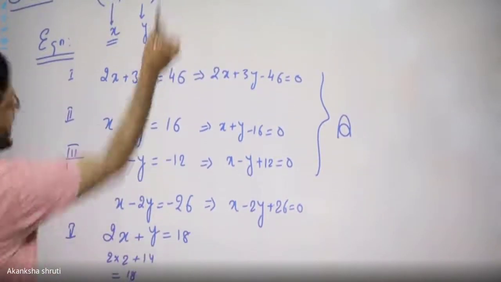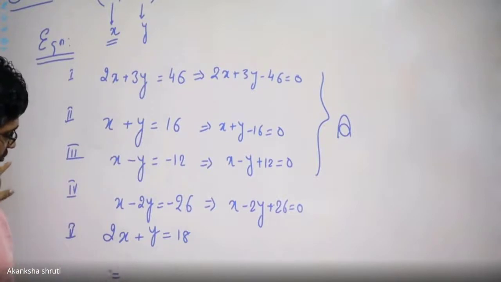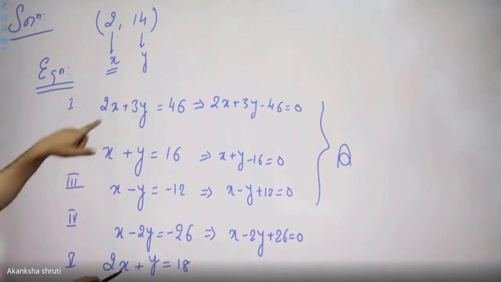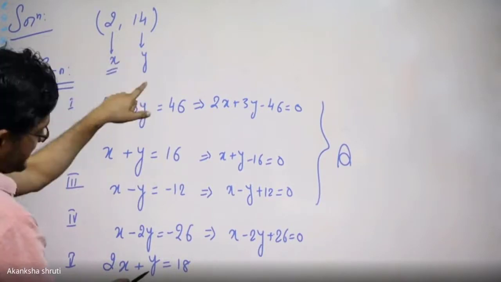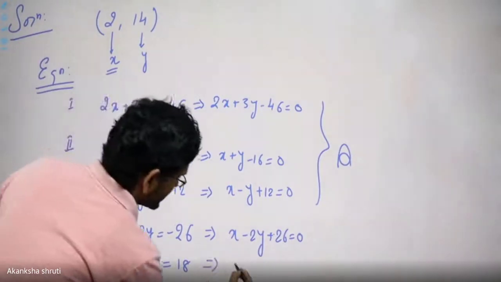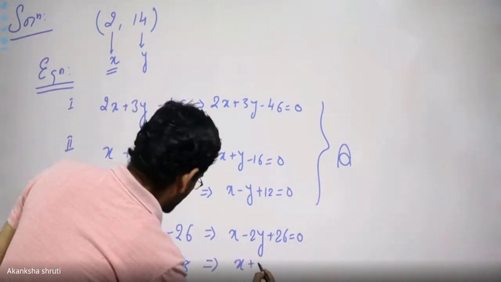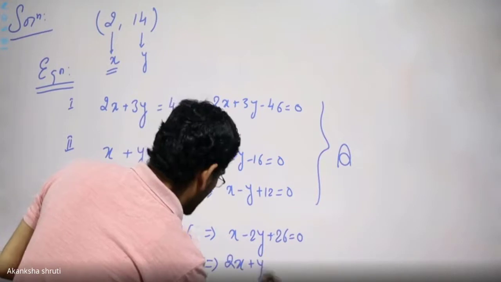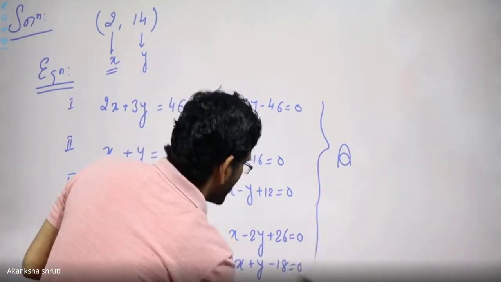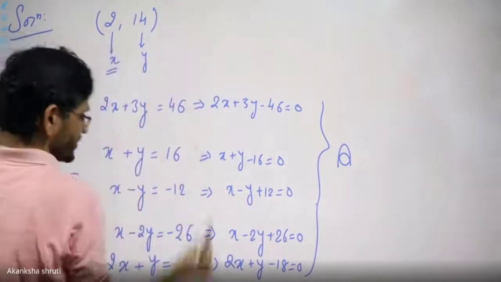You can verify this by substituting these solutions. Students, taking x equals 2, 2 twos are 4 and y as 14, it is 18. Student, this can also be written in the standard form, 2x plus y minus 18 is equal to 0. So all of these are the solutions.